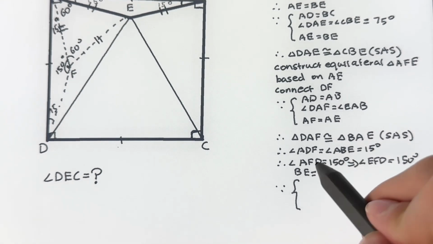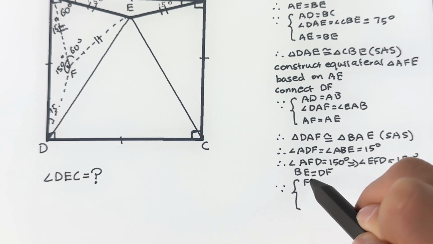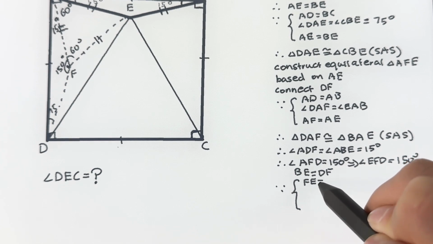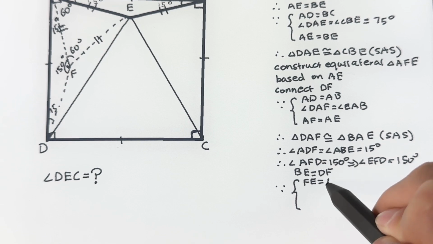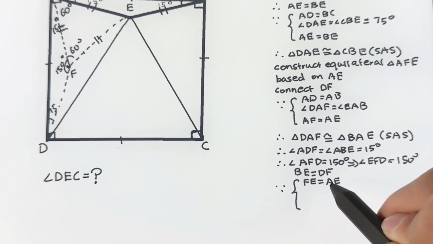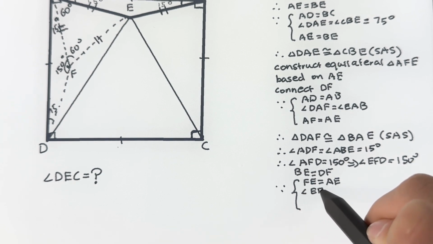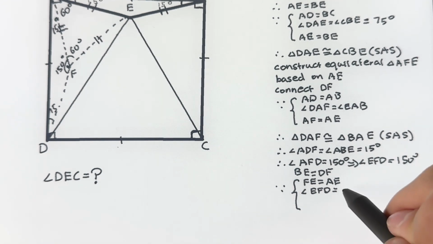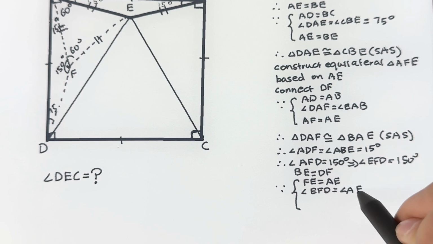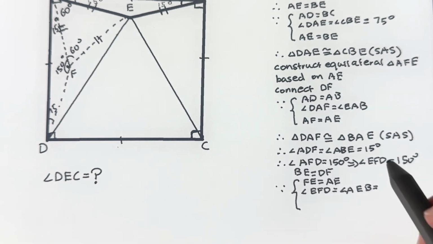So we have FE equals AE. And then we know that angle EFD equals angle AEB, because angle AEB equals 180 degrees minus 15 minus 15. So it's 150 degrees.